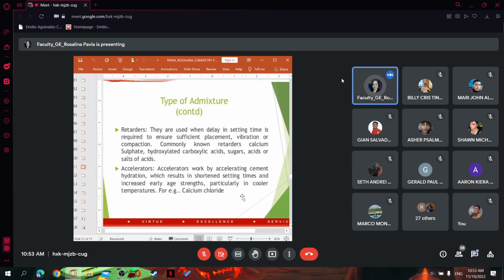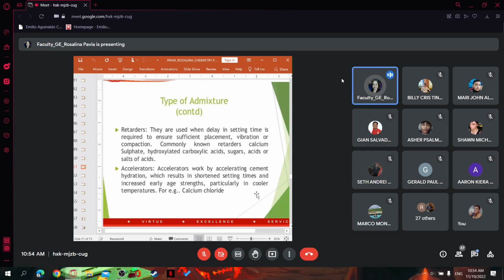Our example here is calcium chloride as an accelerator, meaning if you want to have your concrete having a faster drying time or curing time, you should add accelerators, especially for places or countries having a cooler temperature like winter season, or what you call yung may mga malamig na panahon.